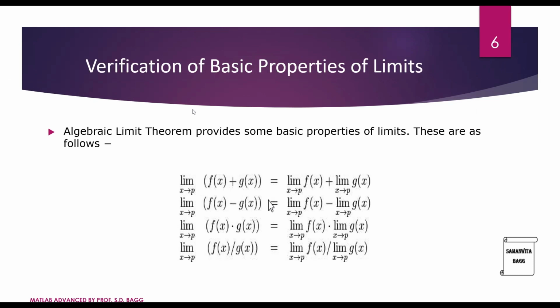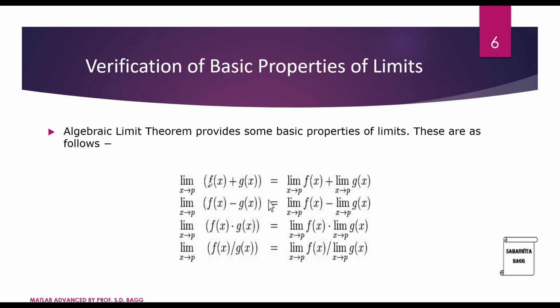Next, we'll talk about verification of basic properties of limits. Algebraic limit theorem provides some basic properties of limits. These are as follows. The first one is limit x tends to p, where p can be any number or any variable, of f(x) plus g(x).